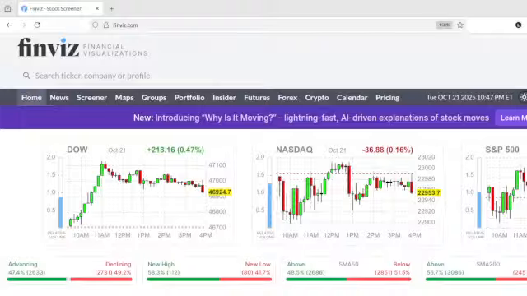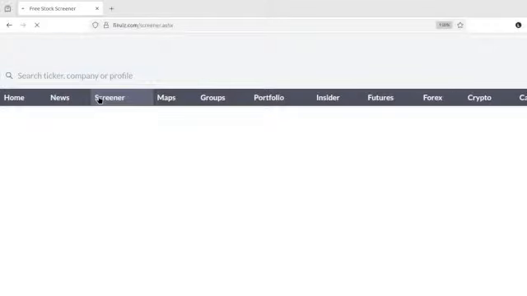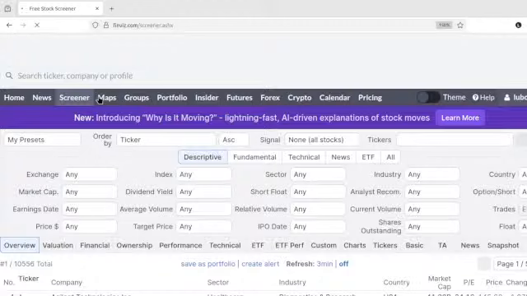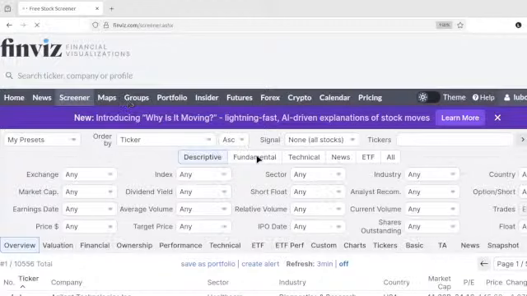All right, so let's dive into FinViz. I'm going to show you the strategy. Okay, so we're going to go through the strategy together, right? So you click on screener, then the first thing you do is you come here on technical.